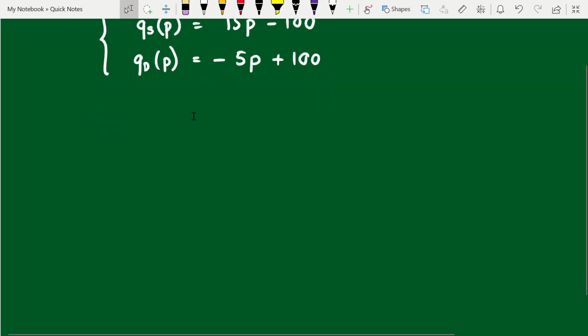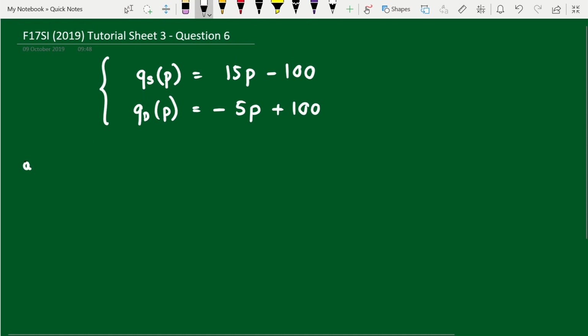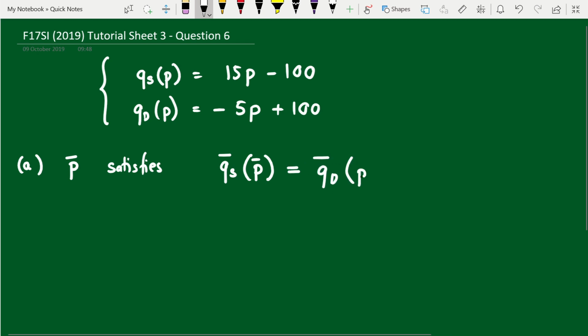Question A asks us to find the equilibrium price and the corresponding quantity of the commodity at equilibrium. Equilibrium price is denoted by P bar, and it satisfies the equation QS at P bar, and we typically also denote with a little bar above the QS to denote we've got an equilibrium supply number, and similarly QD with a little bar upon it is equal to P bar.